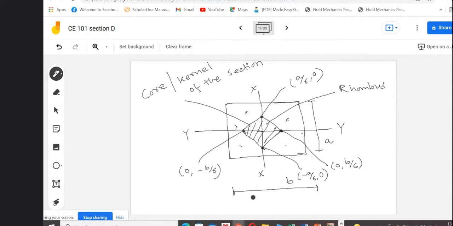Now, this is B/6 from here to here. This is B/6 from here to here.